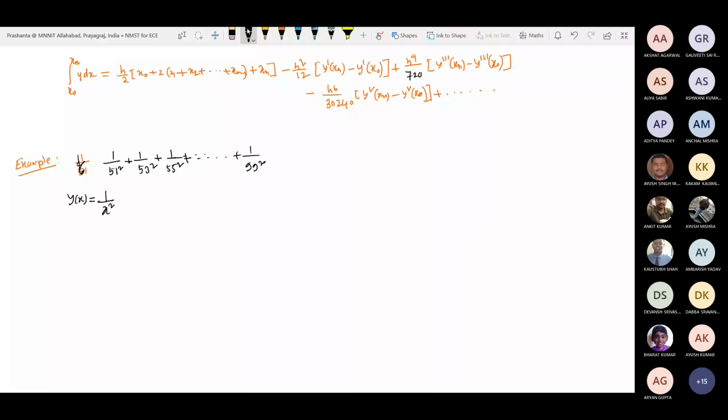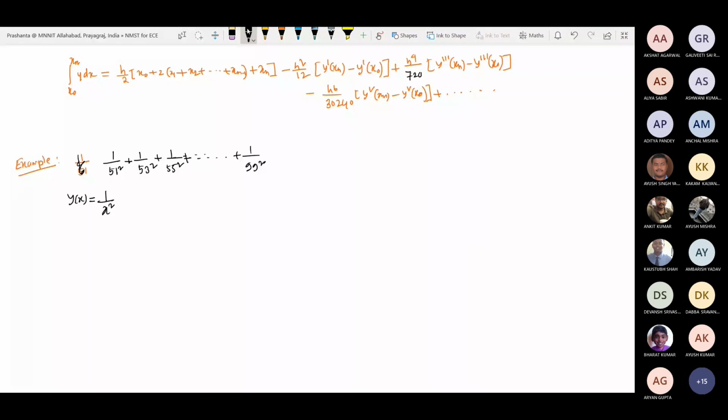Now how many terms are you adding here? From 51 to 99, only odd values are there, the reciprocal of squares of odd values. So how many terms are there? You have 25 odd numbers, but it is starting from x naught.